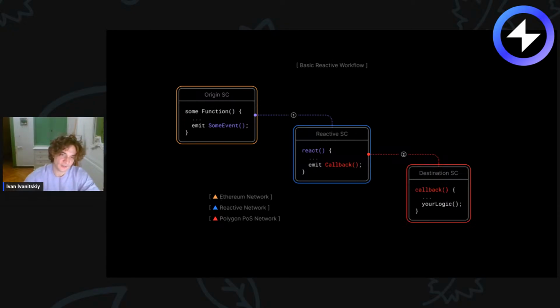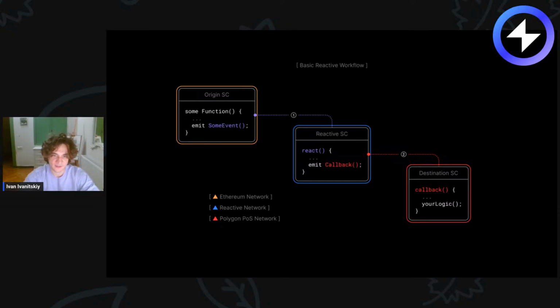And you can see a reactive smart contract in the middle of the setup. What it does is monitor events on an origin smart contract. Whenever such an event happens, a reactive smart contract executes its react function, which is basically the main function in the reactive smart contract. It executes some logic that you describe and implement in this smart contract, and then it invokes a callback.